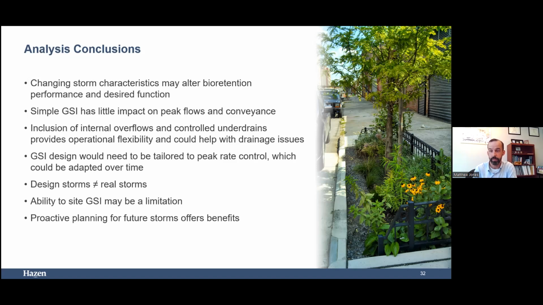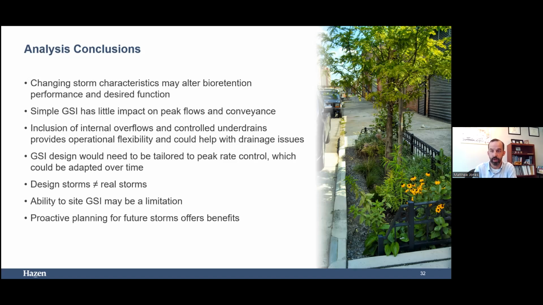Things like our typical bioretention without any kind of internal overflow may capture less of that volume with those higher intensities. And from a maintenance standpoint, it's reasonable to believe that more sediment and other things may flush into our bioretention systems with more frequency and require more maintenance as a result. I think from the poll that David did at the beginning of the meeting, perhaps there were some indications or some experience with that from the audience here.